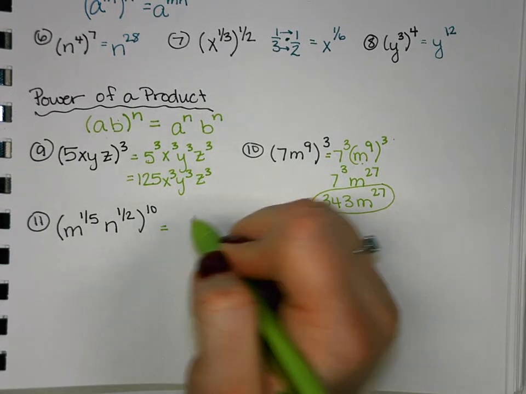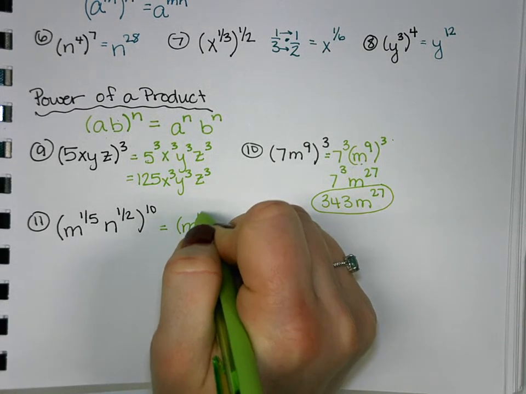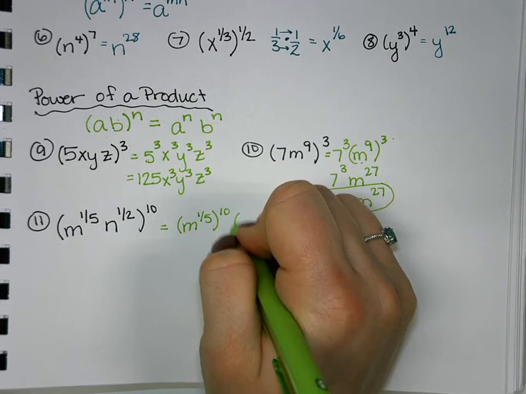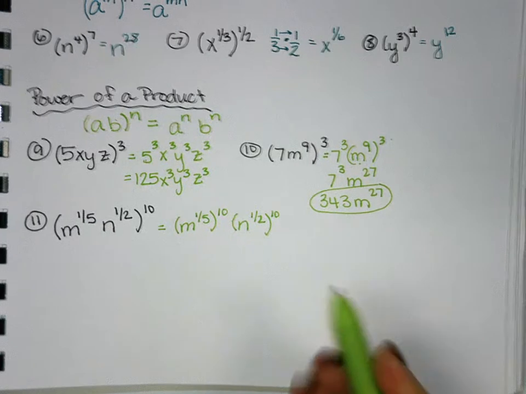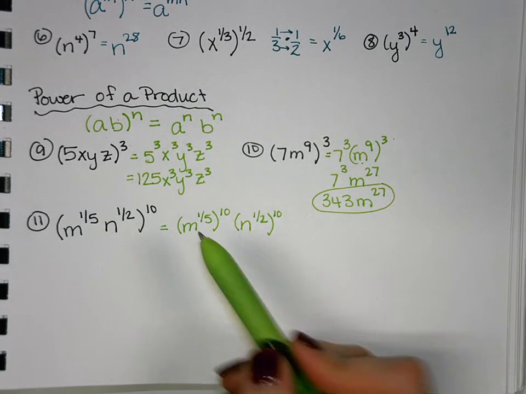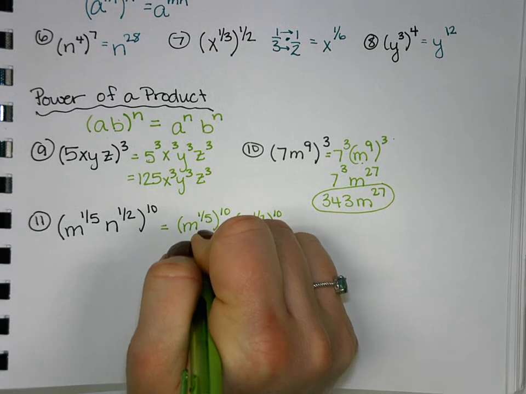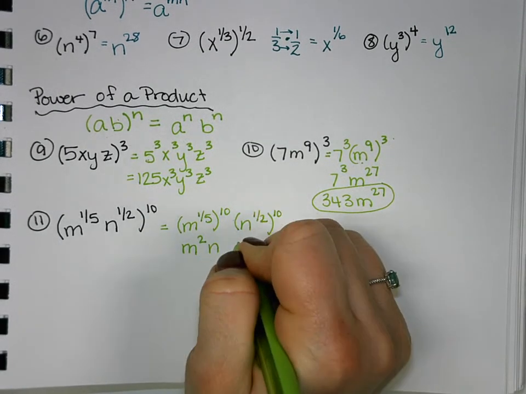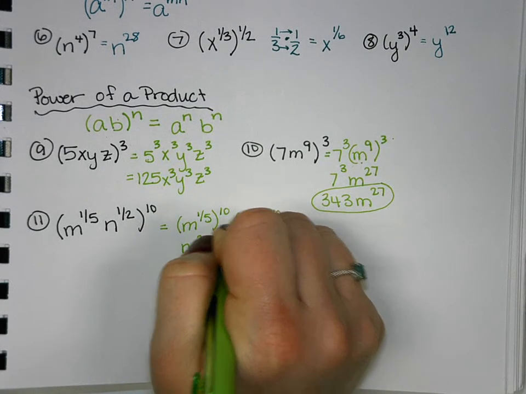So again, we'll take that 10, put it to each thing being multiplied, which gives us power to a power. So what's 1/5 times 10? 2. And what's 1/2 times 10? 5. And that would be your answer.